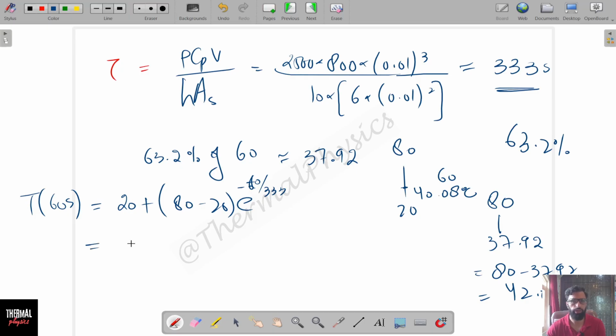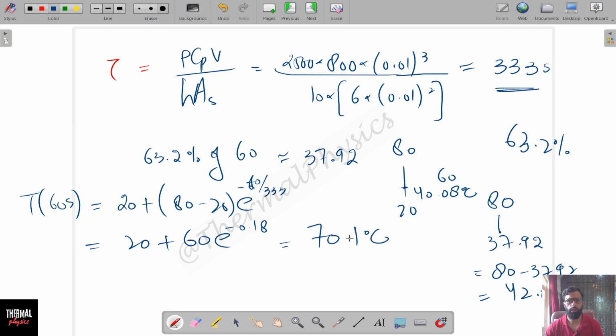So 20 plus 60 times e to the power minus 60 by 333. 60 divided by 333 is 0.18. When we solve this, e to the power minus 0.18 into 60 plus 20, it is 70.1 degrees Celsius.